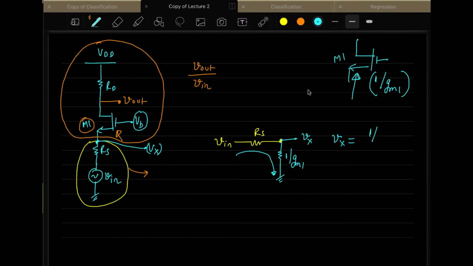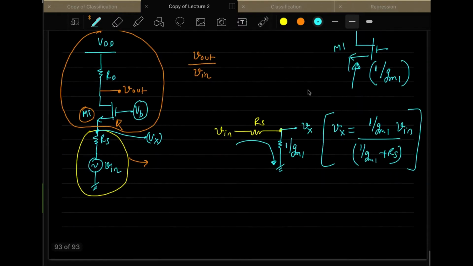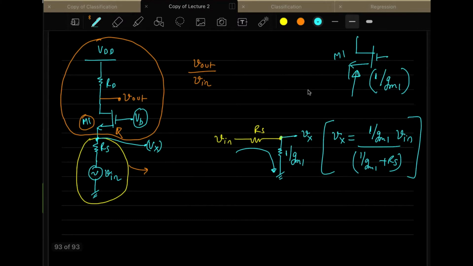It will be 1 over gm1 divided by 1 over gm1 plus Rs, times V in. So it's a simple voltage divider. I think you must be comfortable with this: the voltage at the node X is the resistance 1 over gm1 divided by 1 over gm1 plus Rs, times V in. So this is the voltage that you will observe here.